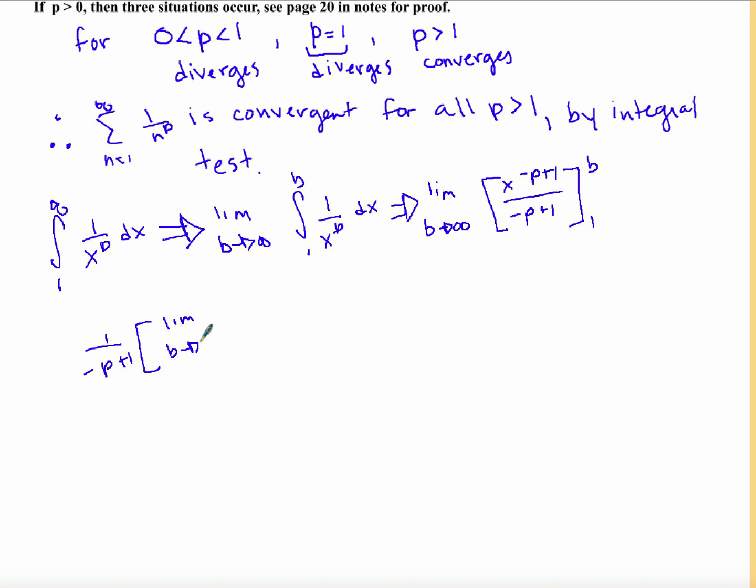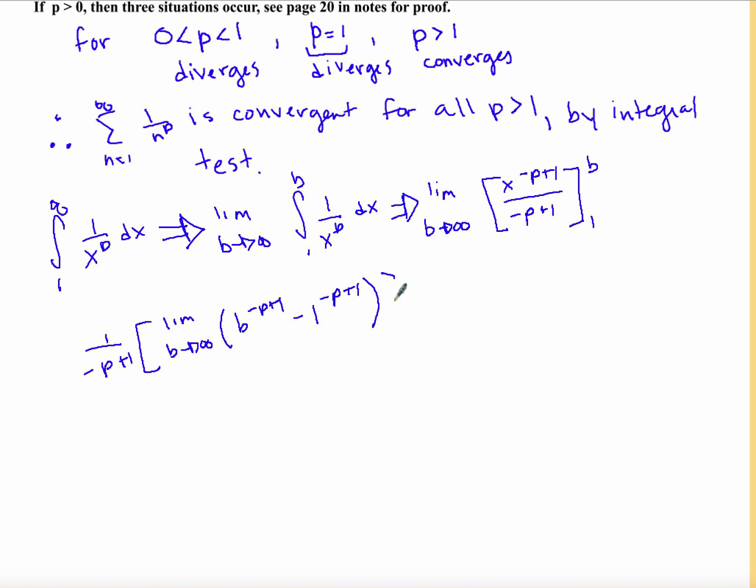So the limit as b goes to infinity of, much easier to calculate, b to the, oh, I can actually go ahead and substitute in my b and my 1 now. So b to the negative p plus 1 power minus 1 to the negative p plus 1 power.